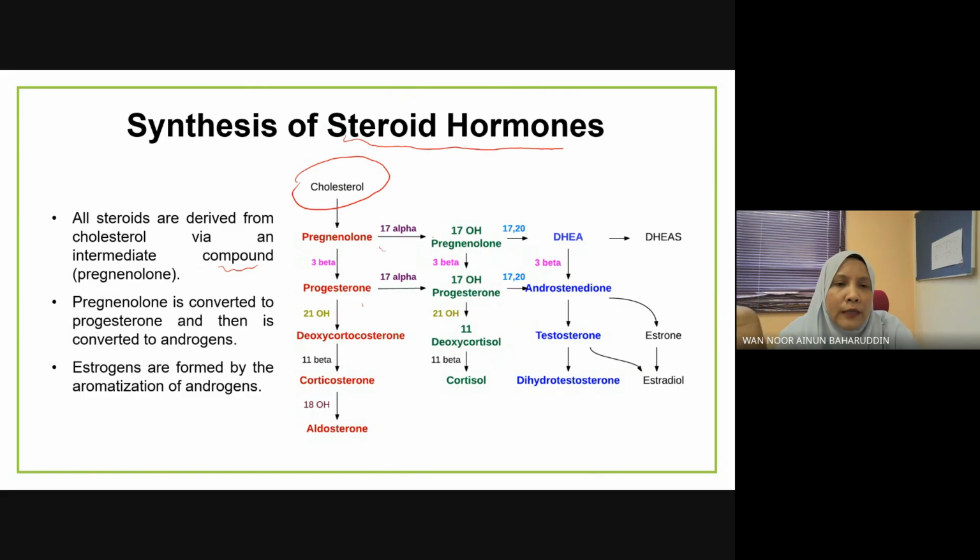Then estrogen is formed by the aromatization of the androgen. Okay, this is aldosterone. Finally, from the aldosterone, when it undergoes aromatization, it will produce estradiol, or the name of estrogen.